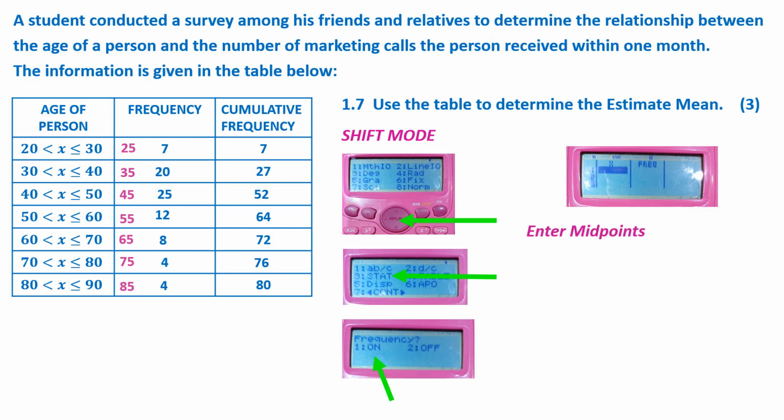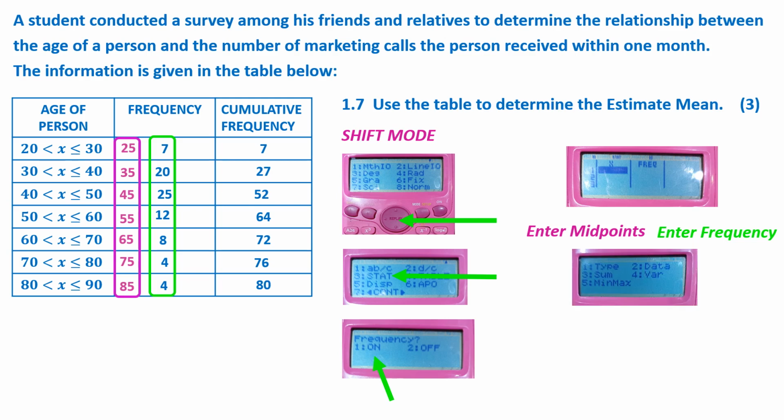And you're going to enter all your midpoints. So you'll enter your 25, your 35, your 45 in the X column. Then I will use my circle to scroll across, and I will enter all the frequencies. Okay, so all the frequencies will be listed as ones, and you're just going to change them to 7, 20, 25, etc. And then you go through the same process.